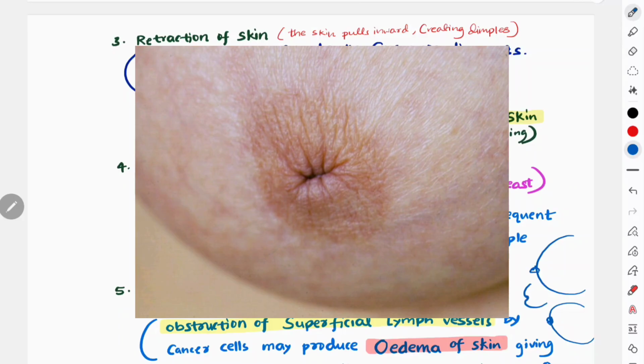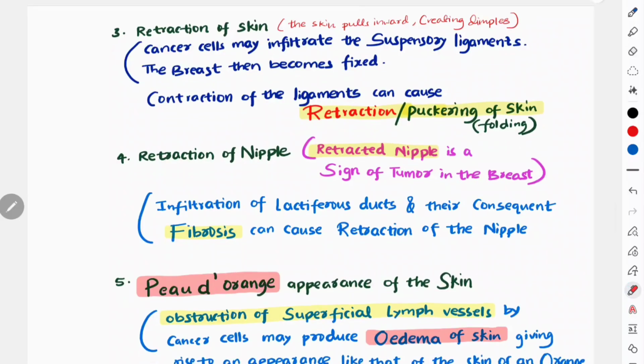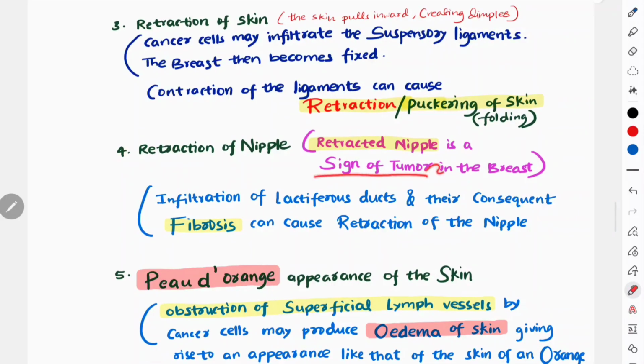So retraction of nipple, again, is a sign of tumor. Infiltration of the lactiferous ducts and their consequent fibrosis can cause retraction of the nipple. Same story: the infiltration of the cancer cells will eventually make the nipple retract.